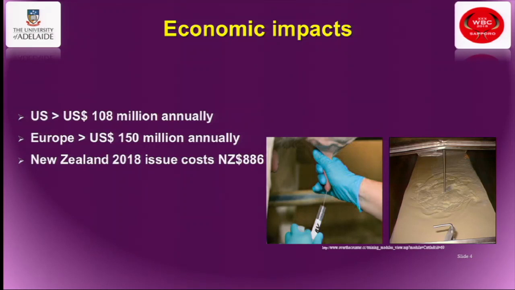In the United States, for instance, the cost of bovis-associated diseases is more than $100 million US dollars each year, and more than this is estimated in Europe. In May this year, the New Zealand government decided that it would attempt to eradicate Mycoplasma bovis disease at an estimated cost of 886 million New Zealand dollars.